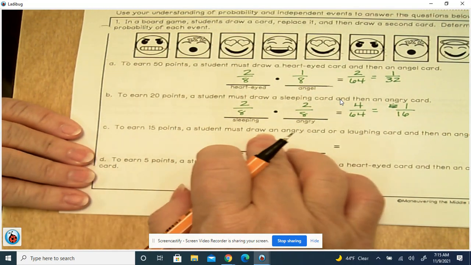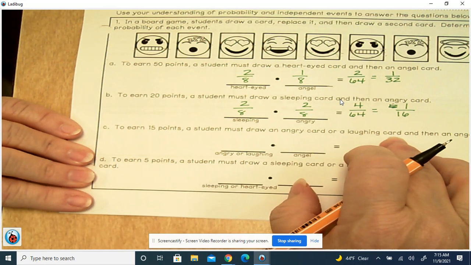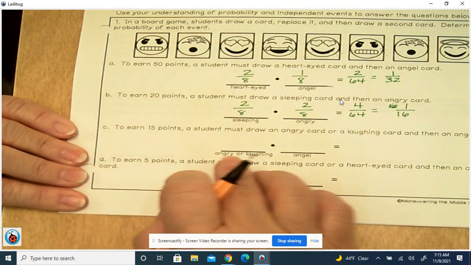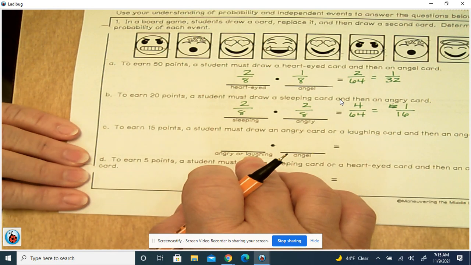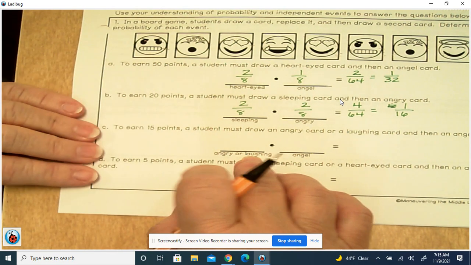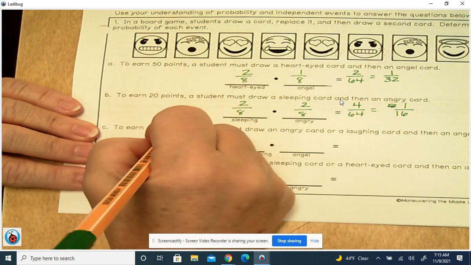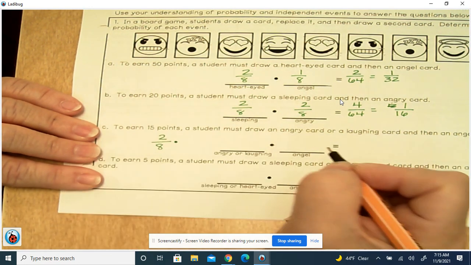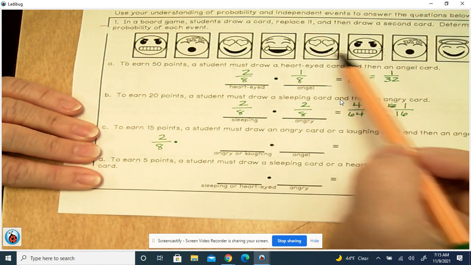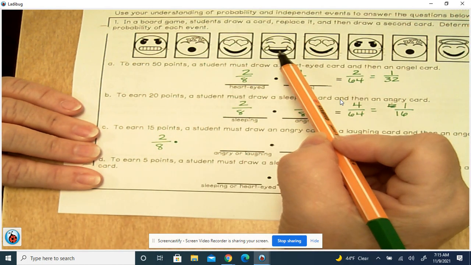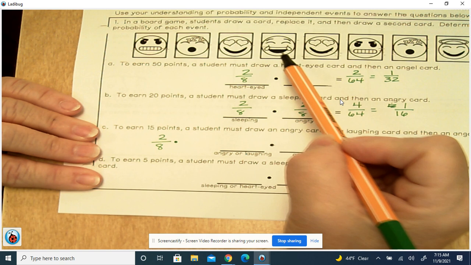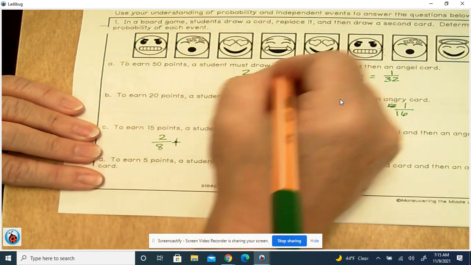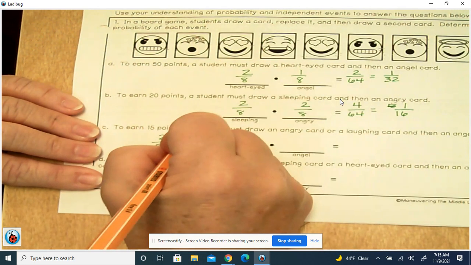To earn 15 points, the student must draw an angry card or a laughing card and then an angel card. So we've got to do the angry or the laughing card first. So the angry card is 2 out of 8, plus the laughing card, which is 1 out of 8.